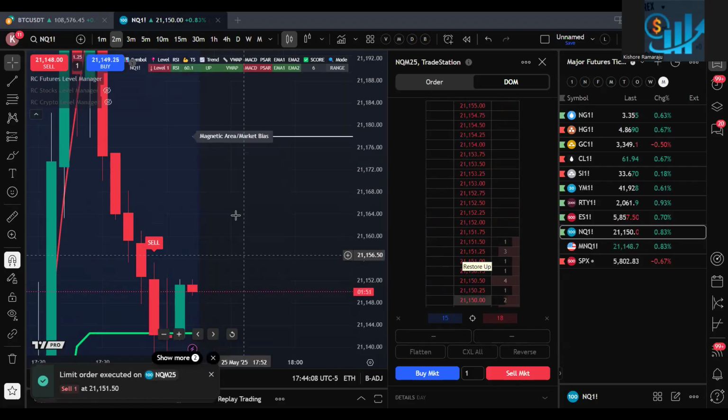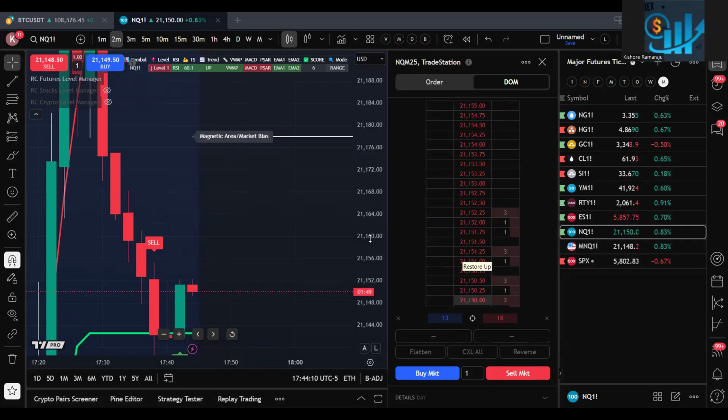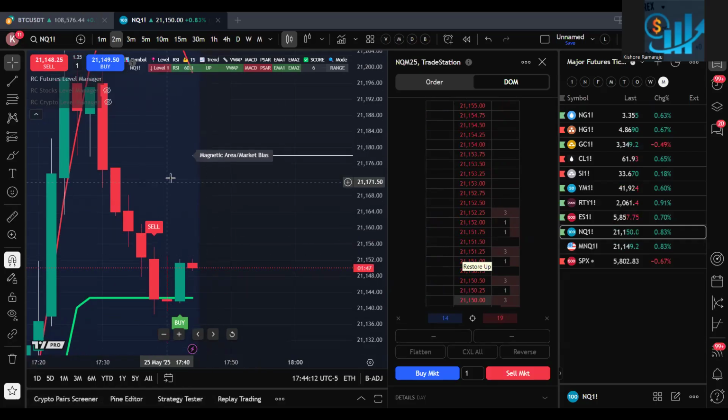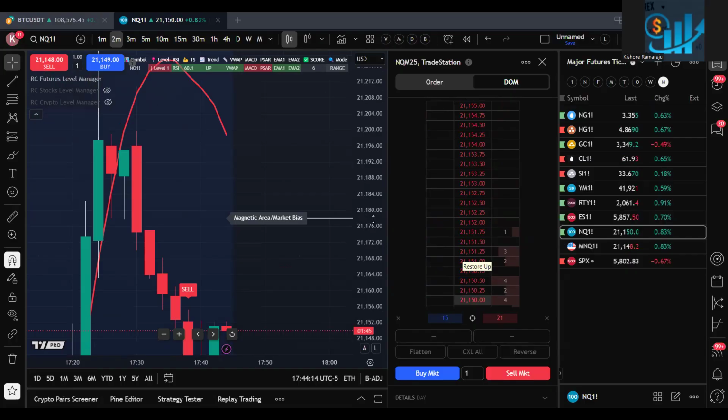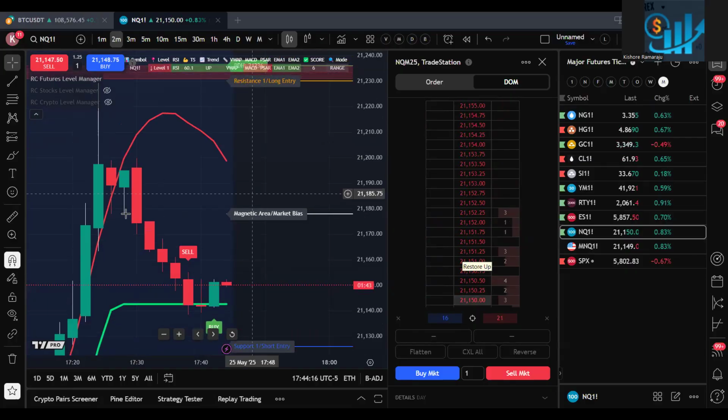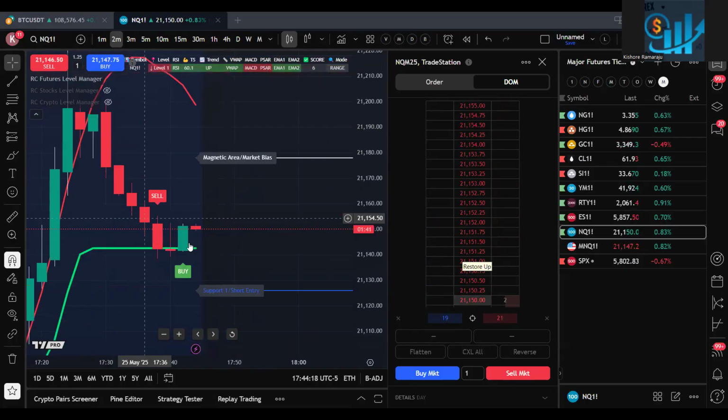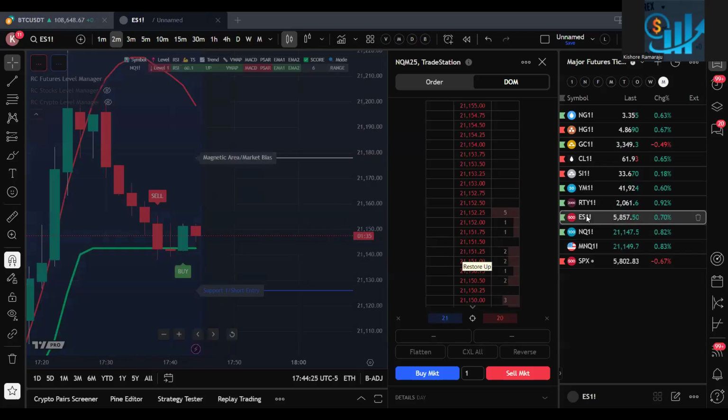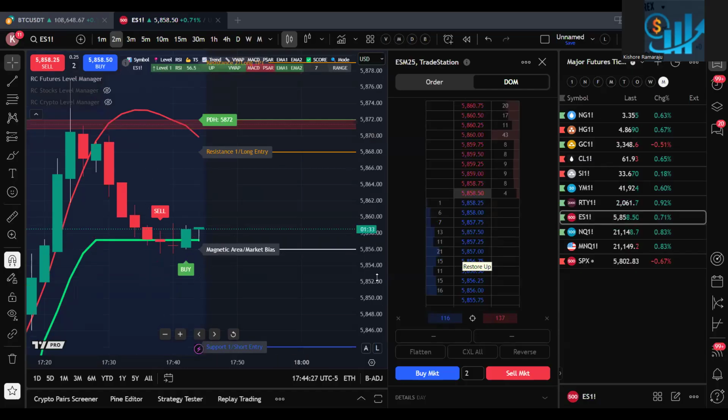Our billing rate in IT jobs is $60, $70 per hour. Here it's within 5 minutes. I'm just trying to help you with a live example. We know that the overall trend is bullish. It came to this line and started bouncing up. Same thing, ES came to this line and started bouncing up.